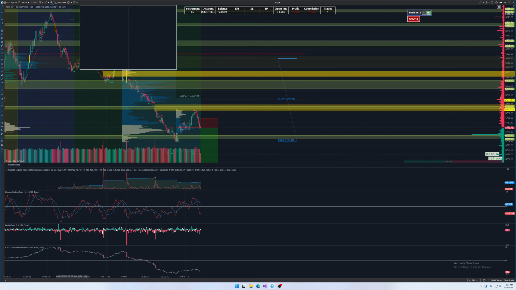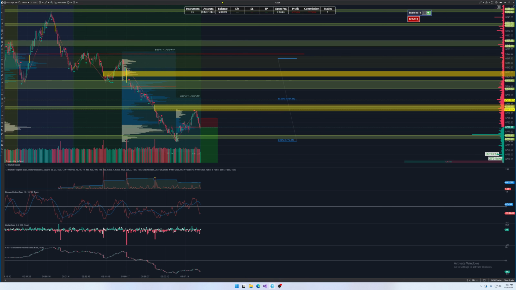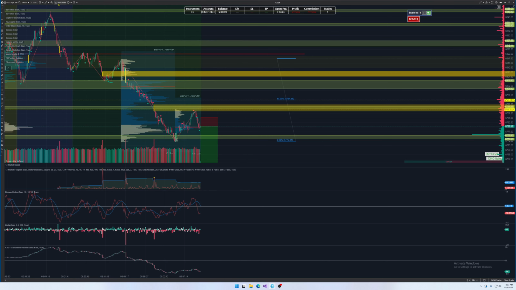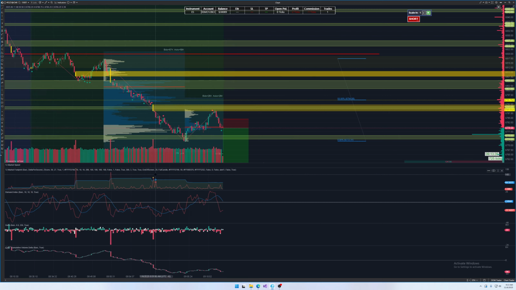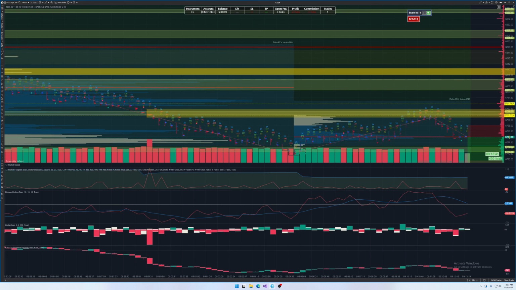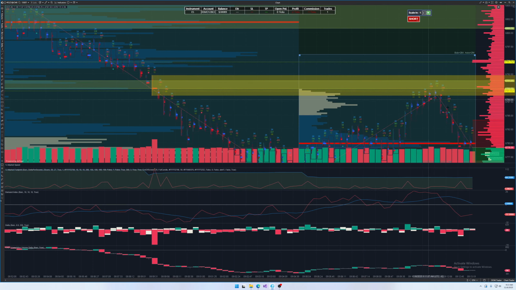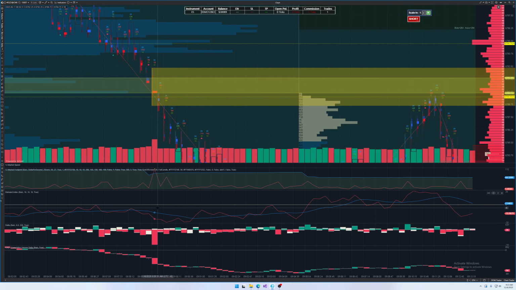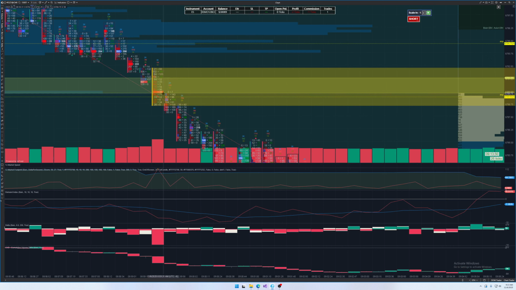Highly likely that the market is really retracing now from here. Because it looks like where the market turns, there was a very large order. What's that number?